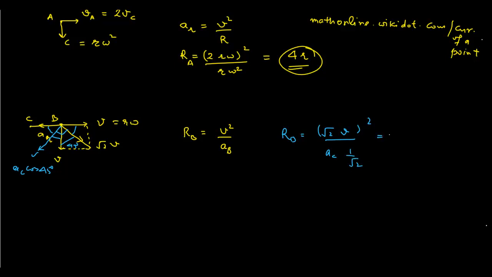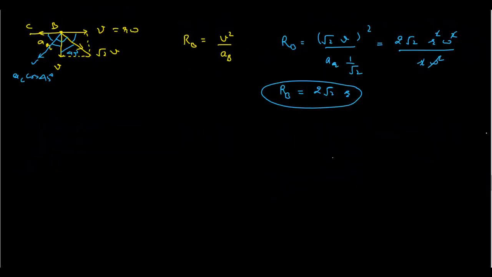So we have 2 under root 2 v square, which is r square omega square, divided by the acceleration magnitude. This is radial acceleration, so this is r omega square. So from here we get the value of radius of curvature of point B as 2 under root 2 r.